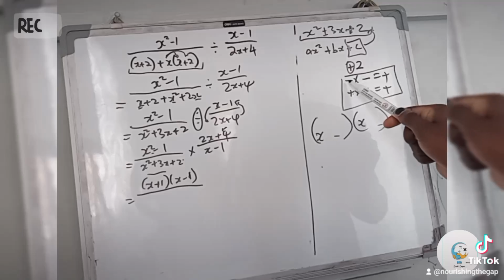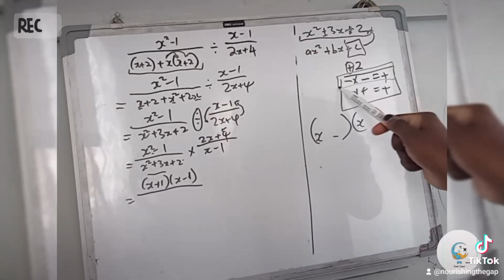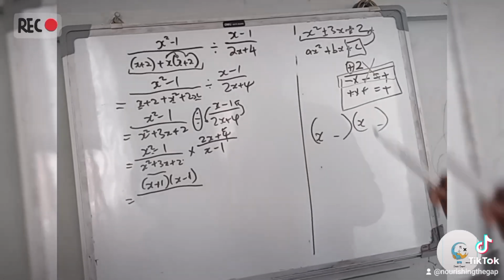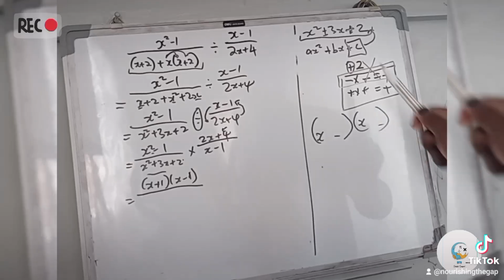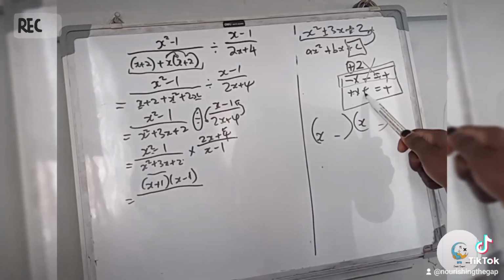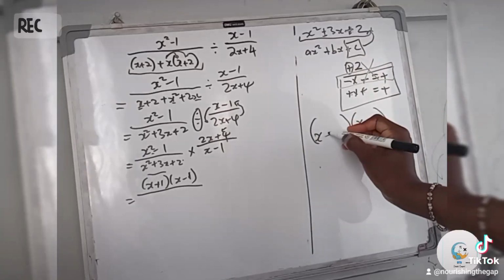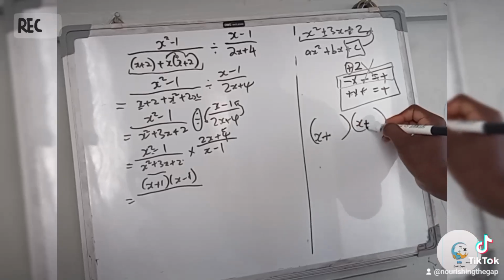So this one cannot be our possible integers. But positive multiplied by positive is positive, and positive plus positive is still positive. So our integers will have a positive sign here and a positive sign here.